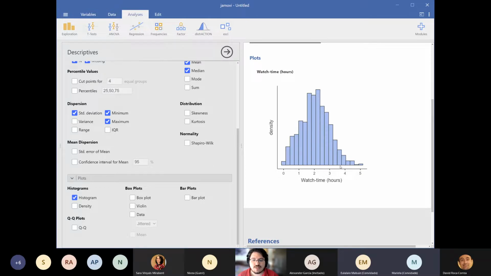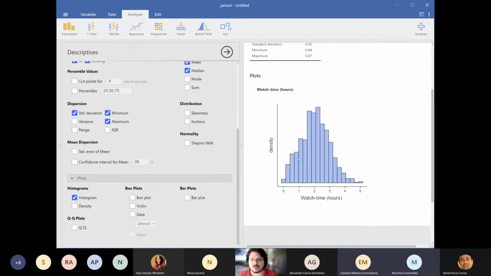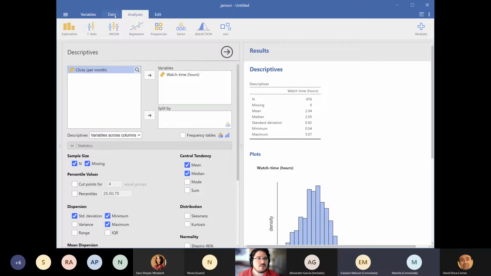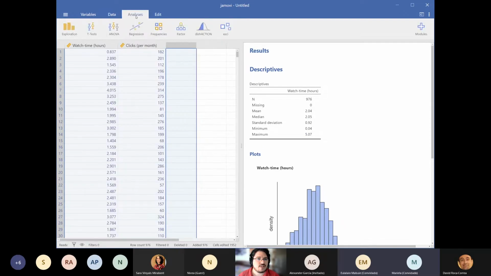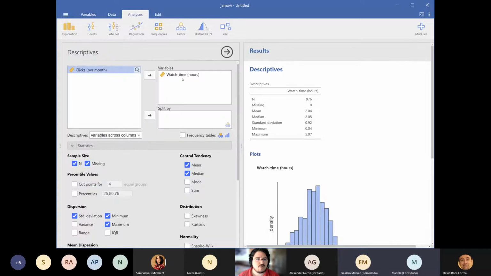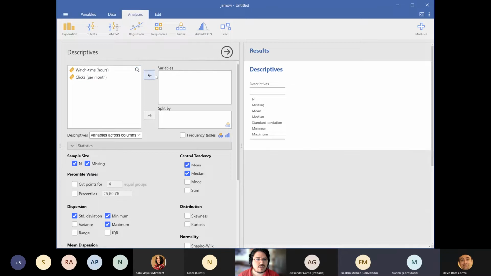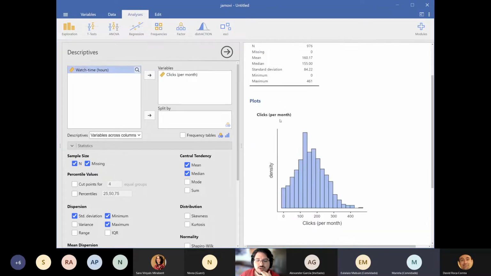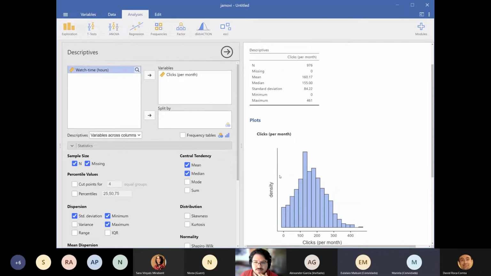But well, that's what you will find with real data sets, even though this is not real, this is just a simulation. We can do the same for the other data set. So we can swap, and instead of watch time, we see clicks per month. Okay, so clicks per month, definitely not normal.